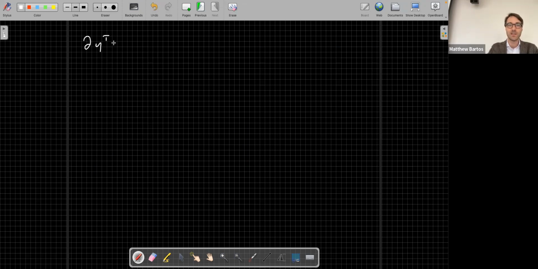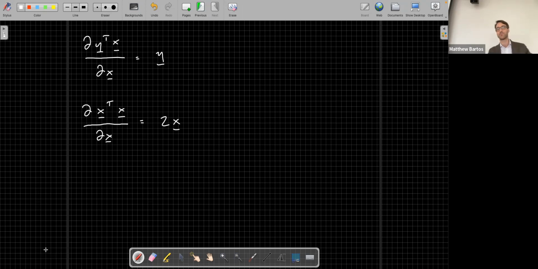So d(y transpose x)/dx is equal to y. We have that, as you showed, d(x transpose x)/dx is equal to 2x. And there are some other important ones that we're going to need.